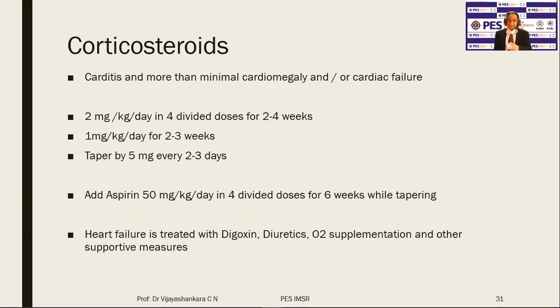So be careful when you are tapering corticosteroids. You have to add aspirin. Heart failure, if it is present, can be treated with anti-failure measures like diuretics, oxygen supplementation, digoxin if it is necessary, and other supportive measures.